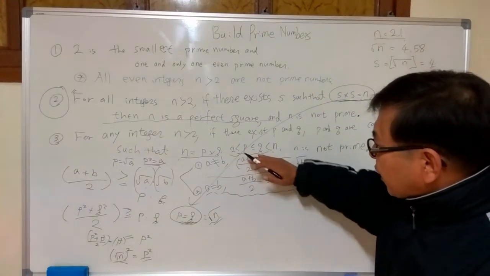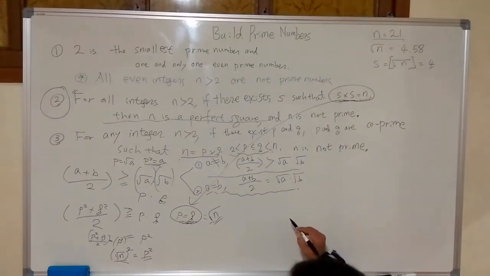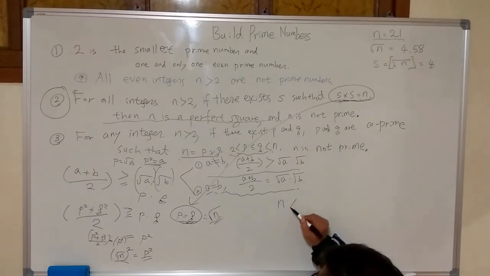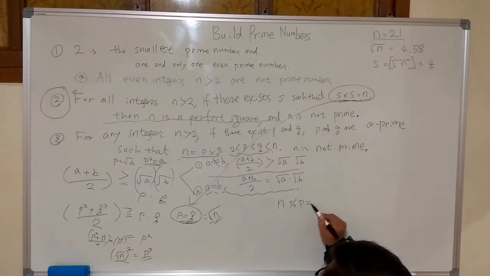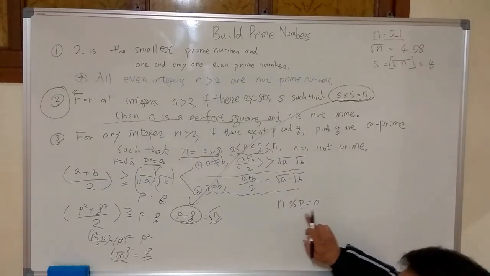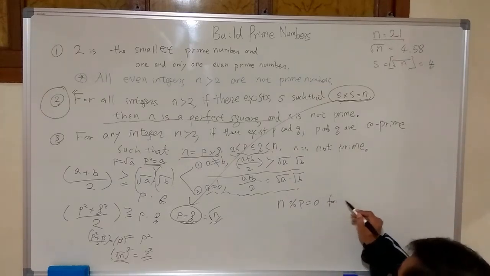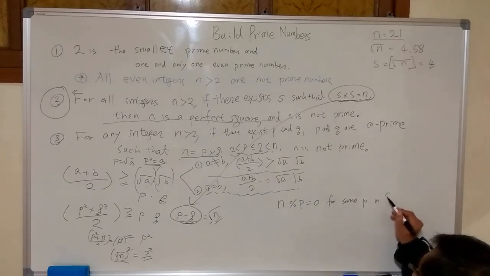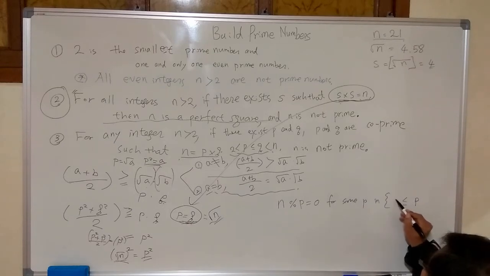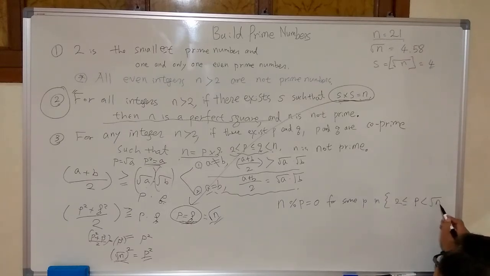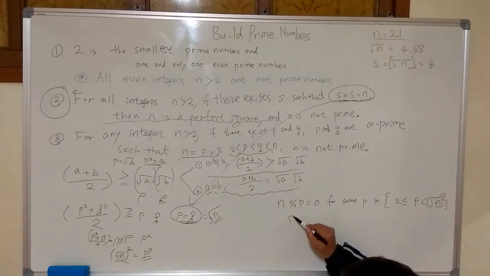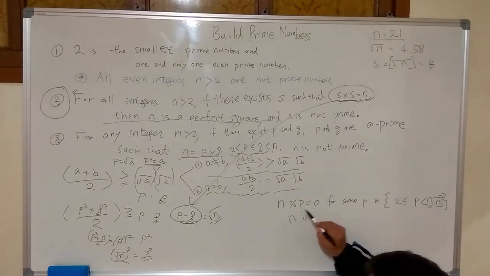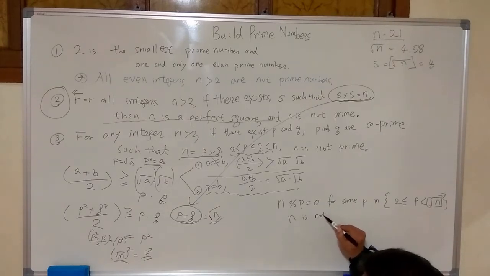So if we summarize it, as I told you before, n modulo P equals 0 means for some P, with P greater than 2 and less than square root n, then n is not prime.